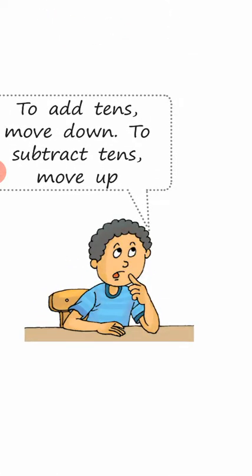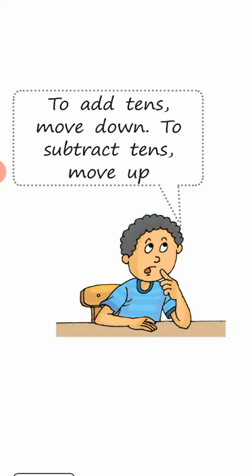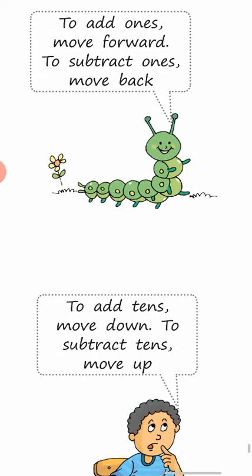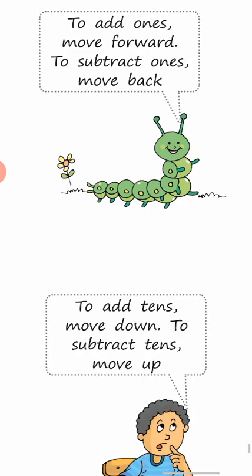And this boy is thinking that to add tens move down and to subtract tens move up. Means if you are to add tens, then you are to move down, and if you want to subtract tens, then you will move up. Now you can see here we have the tips of forward and to move back. Similarly for tens, for addition of tens and for subtraction of tens also.